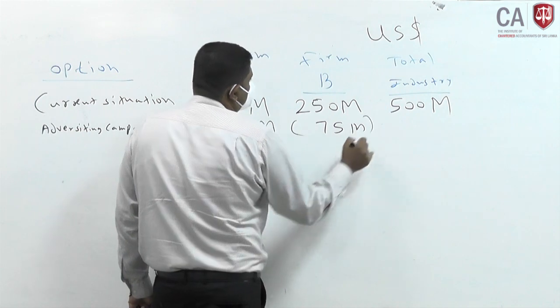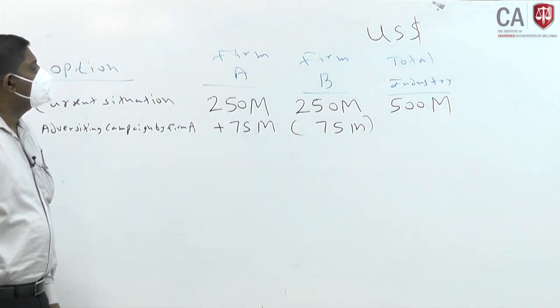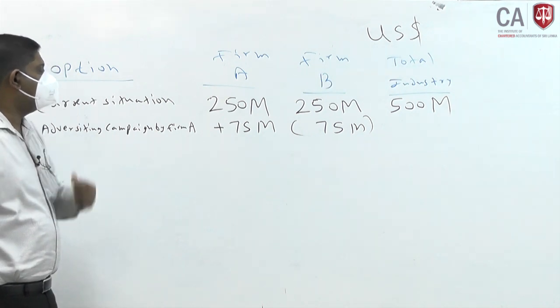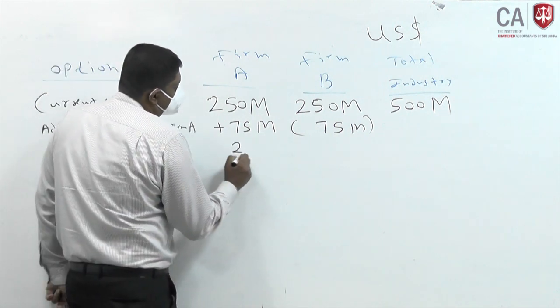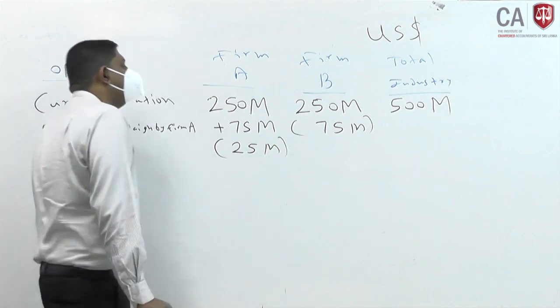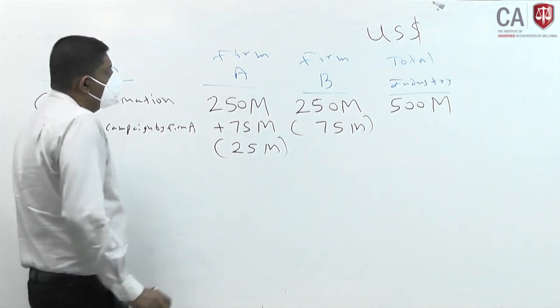That one is reduced, but right, there is another thing happening. What is the other thing happening is firm A has to spend 25 million for the advertising campaign, right.